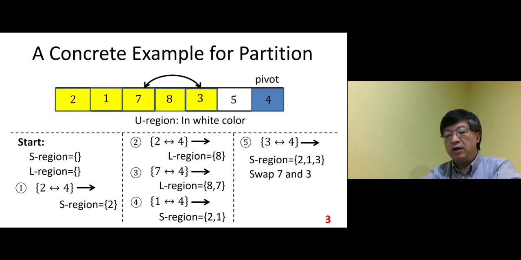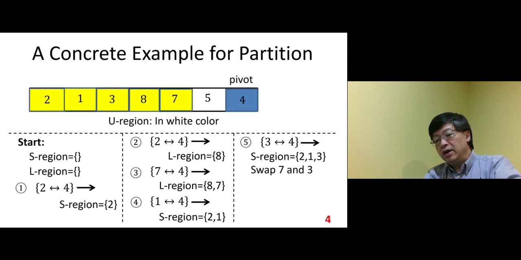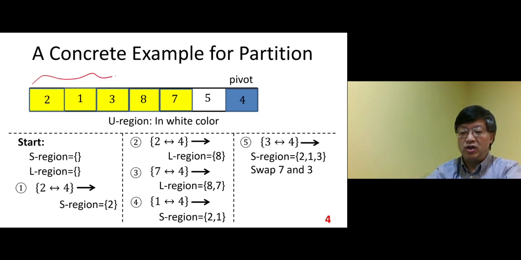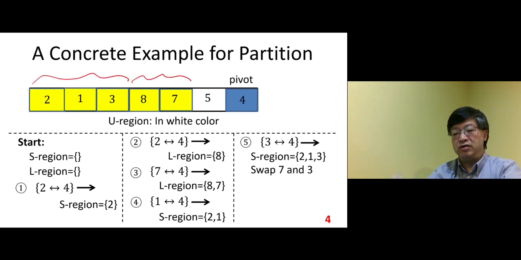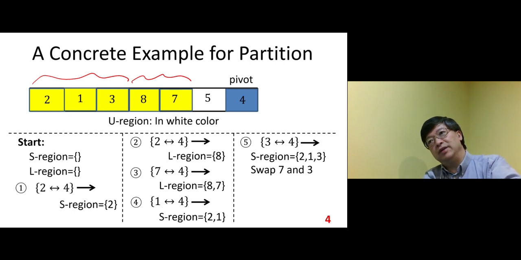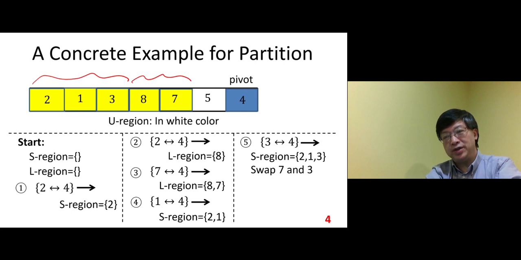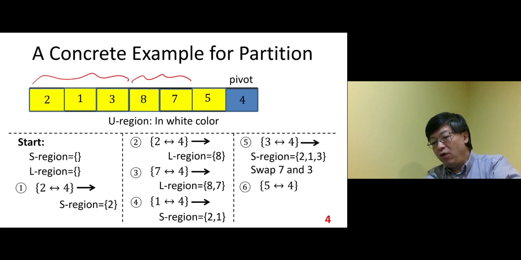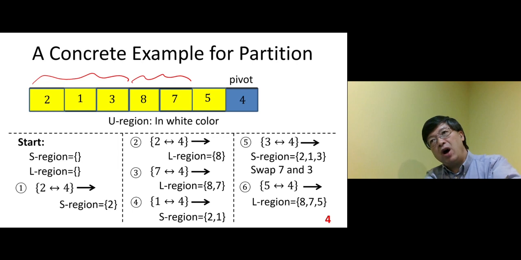Swap 7 and 3. After that operation, we have S region, L region, so we maintain these two regions. The last element, 5, is greater than 4, so it is in L region, so we don't need to do a swap.